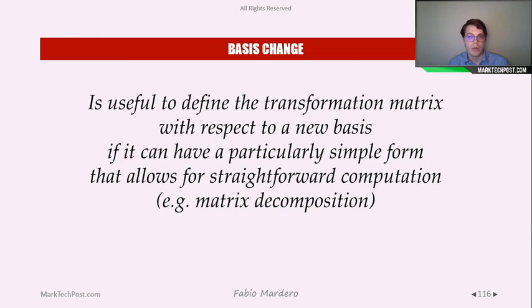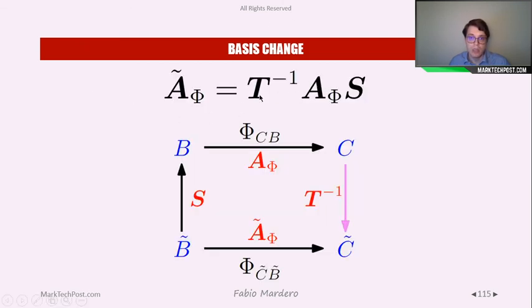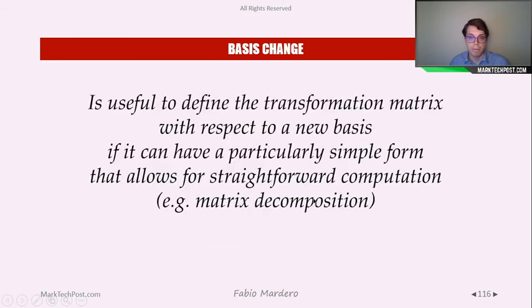So if we are using, for example, the canonical basis and our matrix is a mess to compute, we can find some other basis that will simplify the transformation, and we just have to define these T and S matrices to go from a complex representation of a matrix to a simple one.